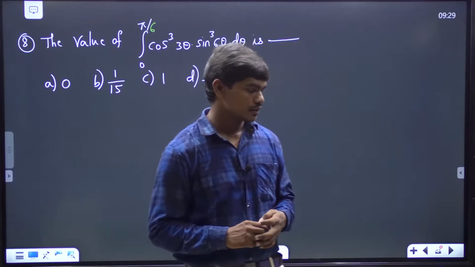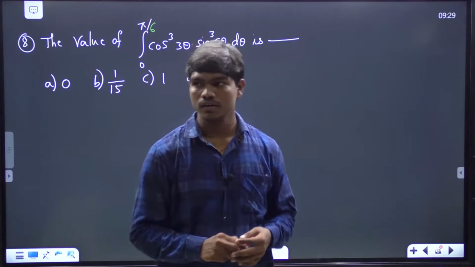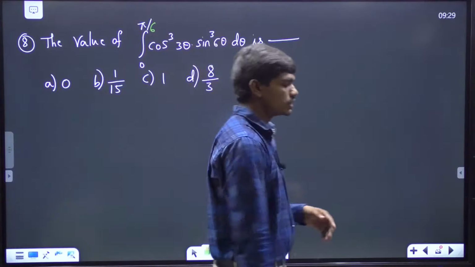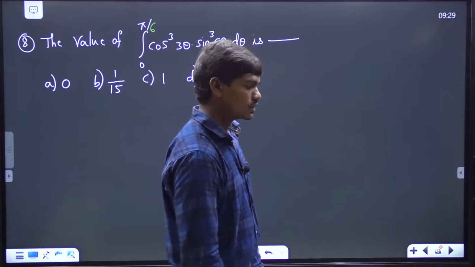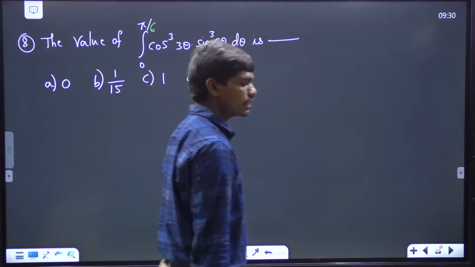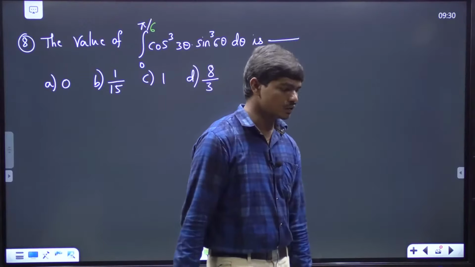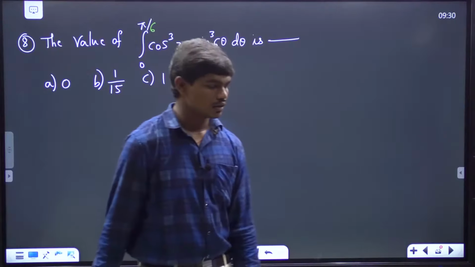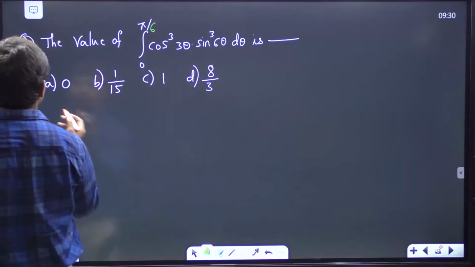No answer yet. Yeah, a good number of students are on live, but many people are not answering. B, 1 by 15, I hope so. Let us see. 1 by 15. Okay. Still, any more answers? B, 1 by 15. Okay. Since 3 answers are 1 by 15, let me check whether this is 1 by 15 or not.